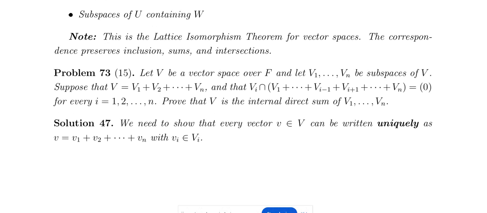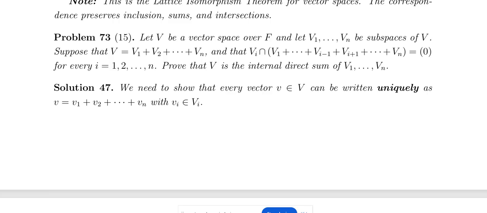So let V be a vector space over F and let V1, V2, ..., Vn be subspaces of V, with V equal to V1 plus V2 plus ... plus Vn, and Vi intersection with the sum of the remaining subspaces, V1 plus ... plus Vi minus 1 plus Vi plus 1 plus ... plus Vn, is equal to 0.